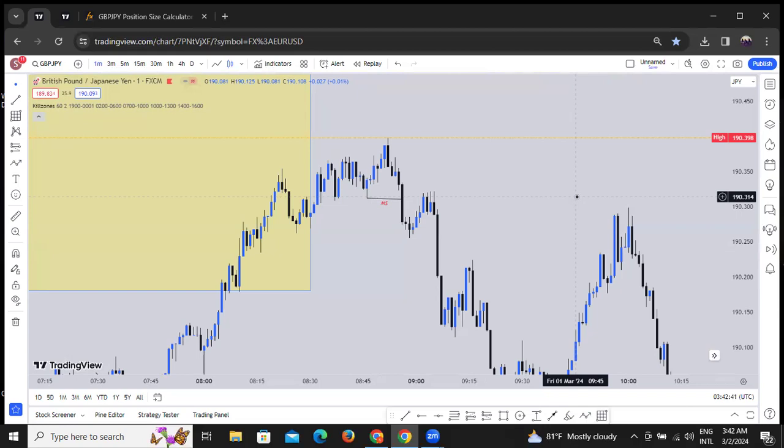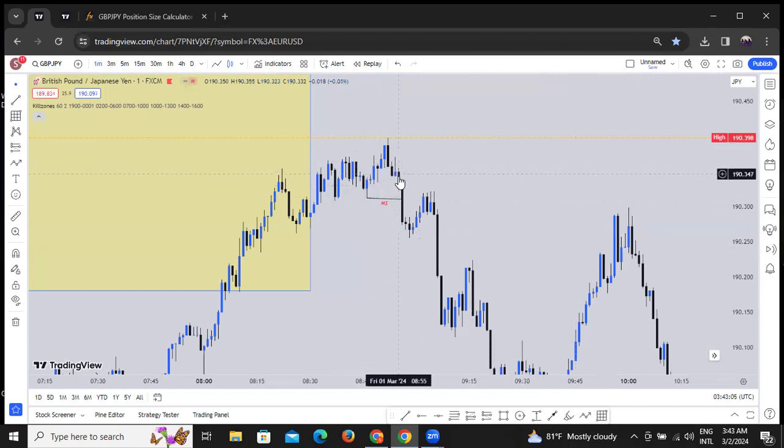So I'm looking for a continuation. And since I'm looking for a continuation, I allowed market to come to the fair value gap zone. It did. Now I have to wait for market to realign to the higher time frame bearish pattern. So I wait for this to form.